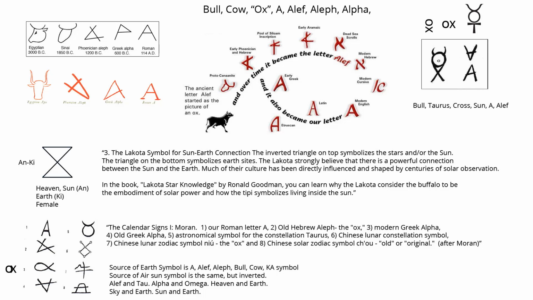The Lakota strongly believe that there is a powerful connection between the sun and the earth. Much of their culture has been directly influenced and shaped by centuries of solar observation, as many of the ancient cultures made solar observations, astronomical observations, planetary observations, and derived symbolic references of knowledge.